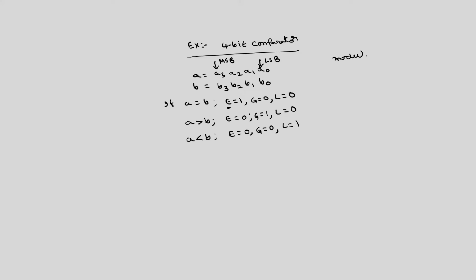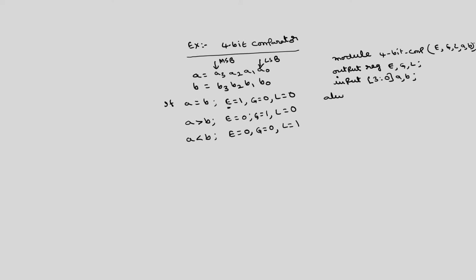Module 4-bit comparator, you can use the outputs as E, G, L, inputs are A, B. Here I declare single bit only, later I am going to define this. Output as well as register E, comma, G, comma, L. Input, this is vector 3:0 A, comma, B.